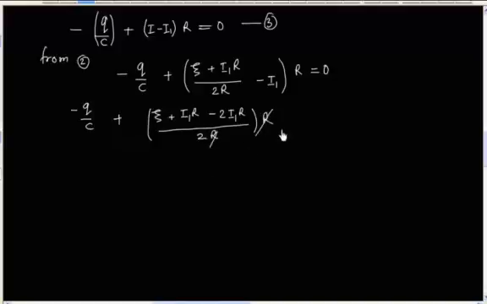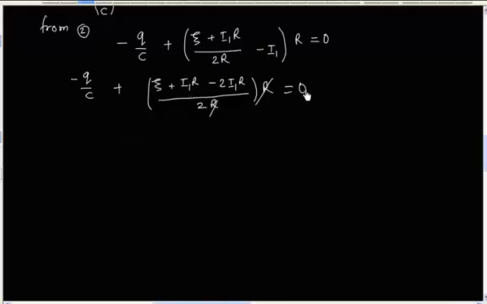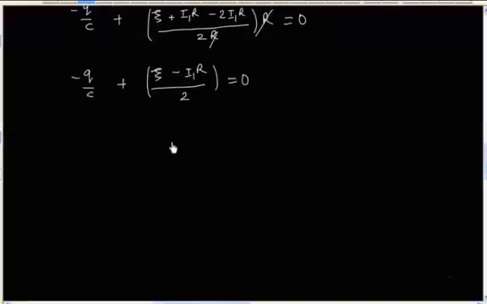R gets cancelled. So we will have, so we can find I1 from here.